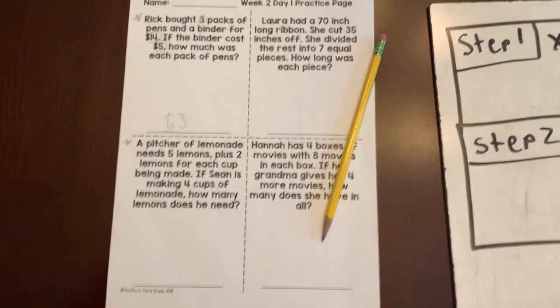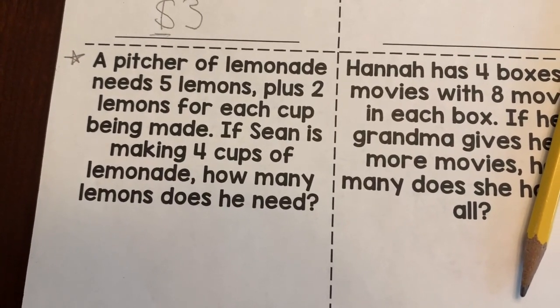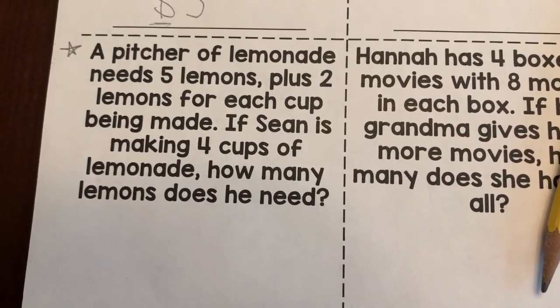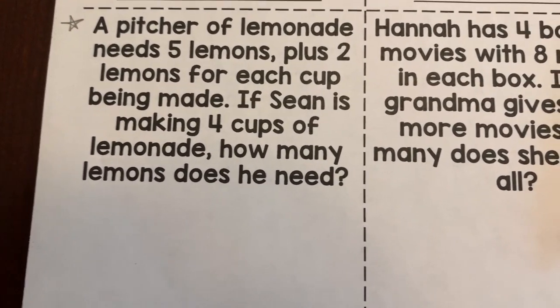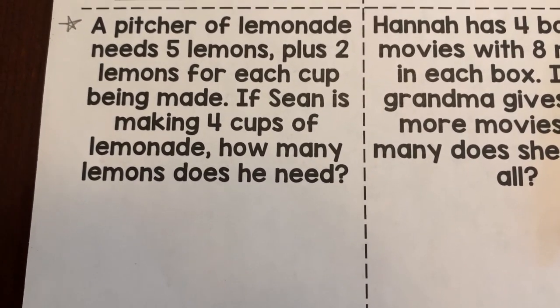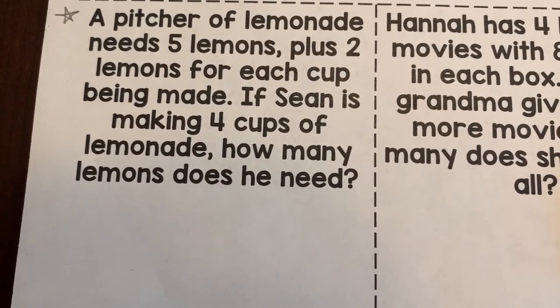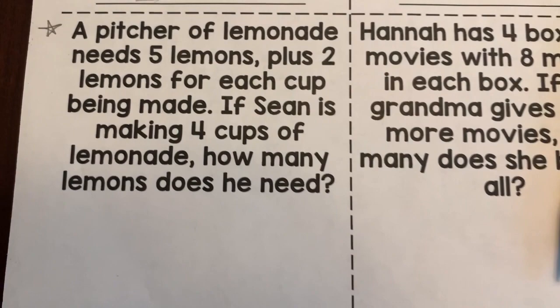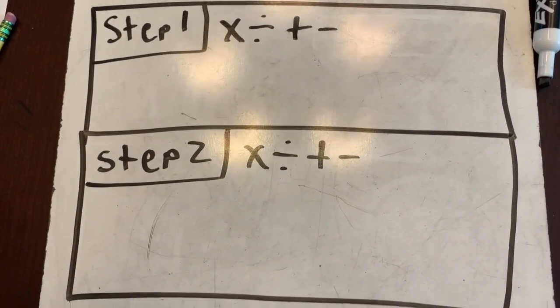Time to do one last problem together. Let's look at this one. A pitcher of lemonade needs 5 lemons plus 2 lemons for every cup being made. If Sean is making 4 cups of lemonade, how many lemons does he need? I have my 2-step page drawn out on my whiteboard, and I left a little bit of space to make a drawing.